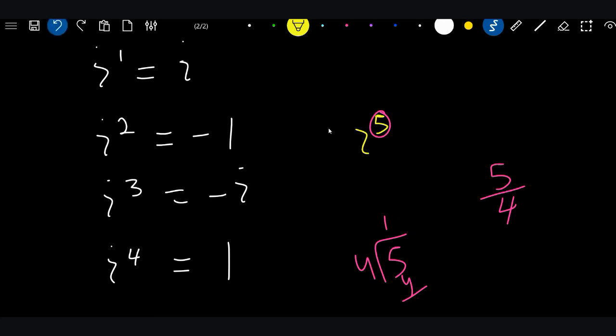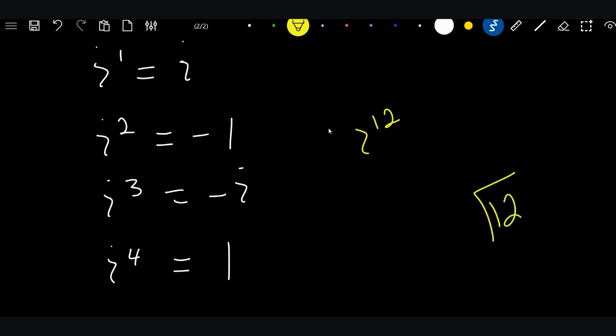Let's do another one. We can throw any number in there. What does i to the 12th equal? Use the same thing that we just used. 12 divided by 4. Find your remainder. Whatever your remainder is, that's what it's going to be. 4 goes into 12 3 times, and it gives you a 0 remainder. Well, what's a 0 remainder? That's this one right here, because 4 divided by 4 gives you a 0 remainder.